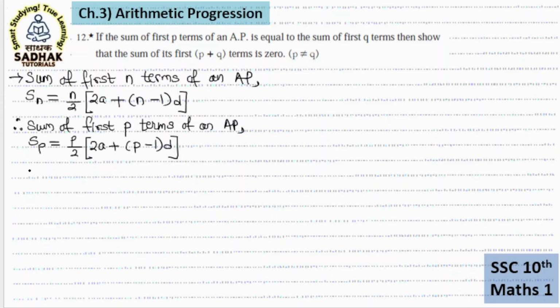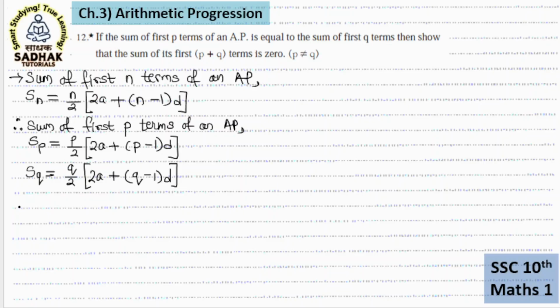Okay, and the sum of first q terms will be written as q upon 2 [2a plus (q minus 1)d].